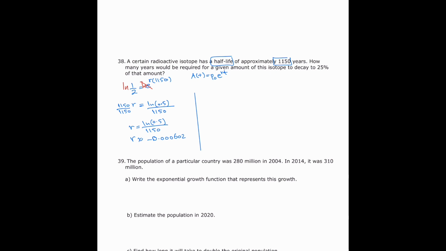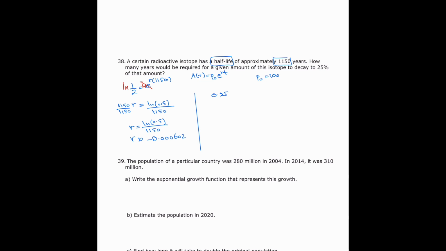We're going to answer the next question. How many years will it take for the amount to decay to 25%? Again, I assumed that P naught is 100% or just 100, and that half of that is 50. So a quarter is going to be 25% or 0.25.